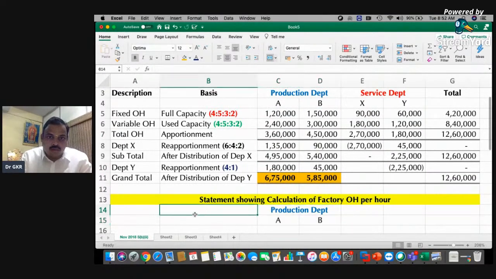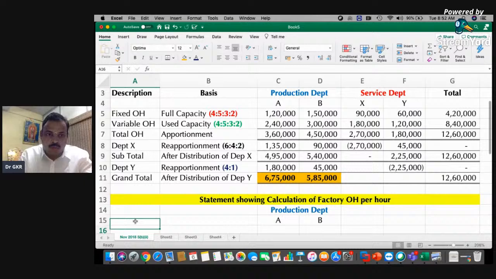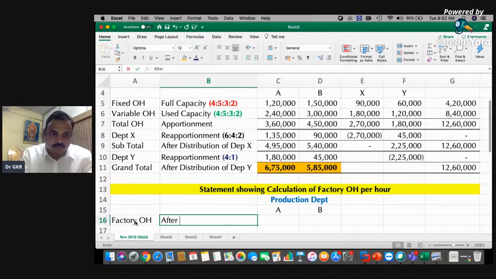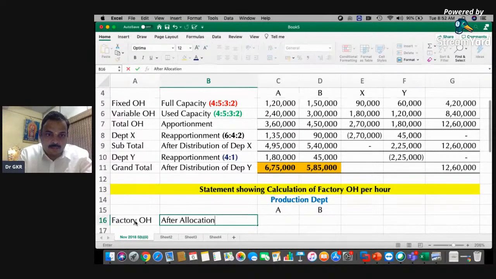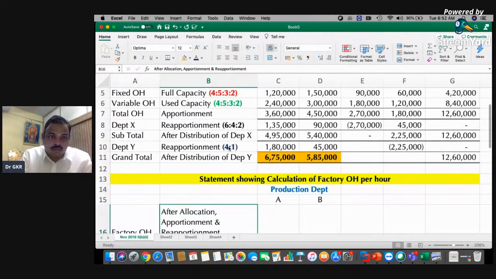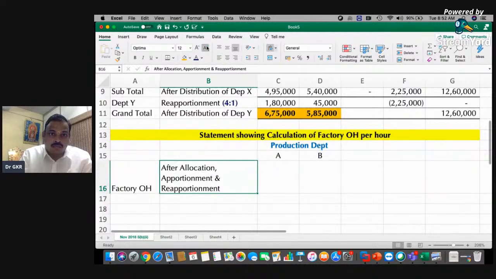So now what is your overheads? Factory overheads after allocation, apportionment and reapportionment.